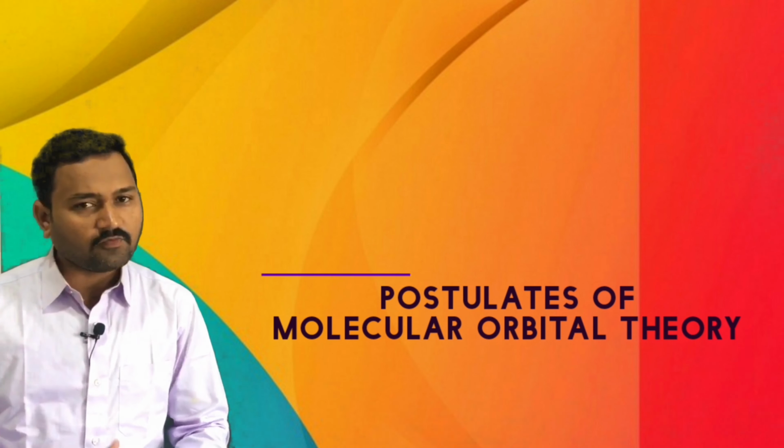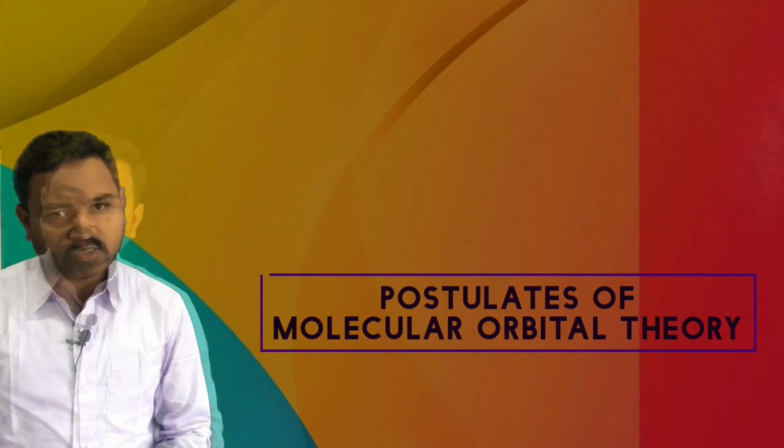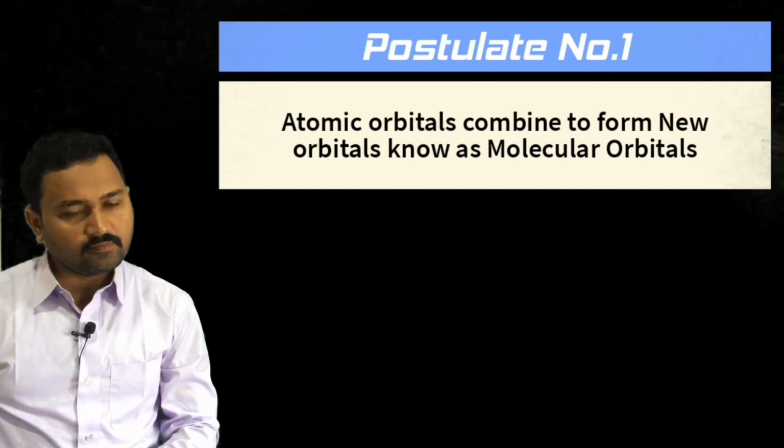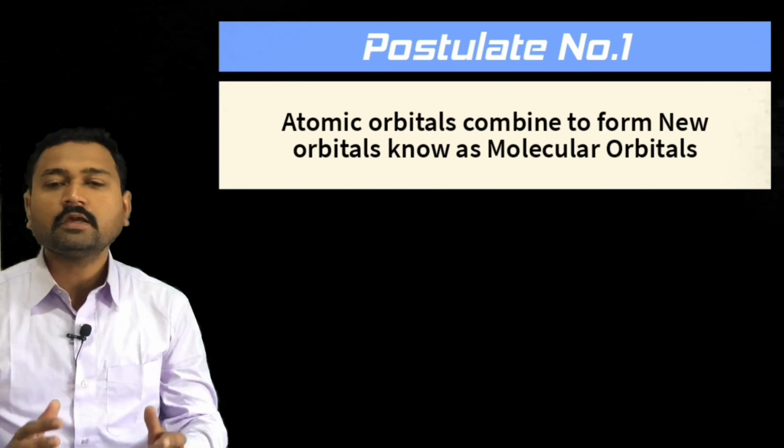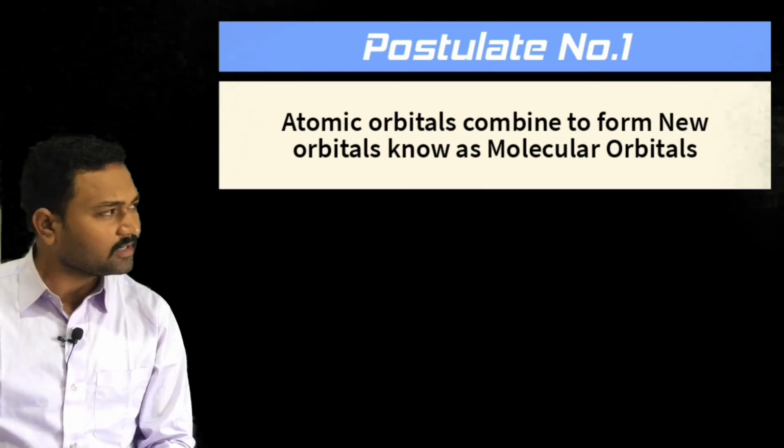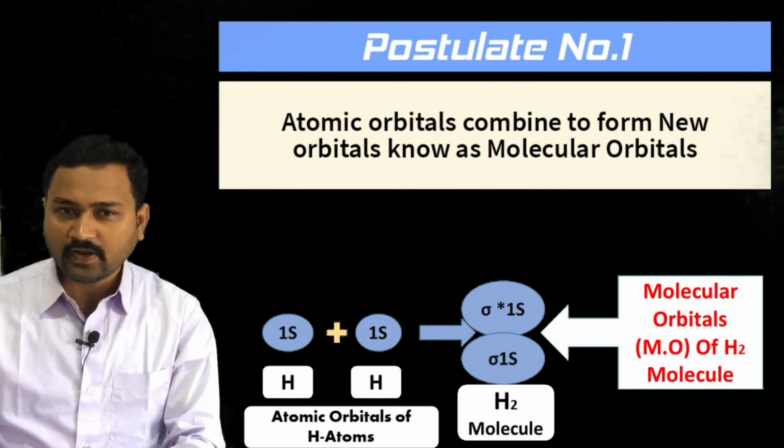Now, let us know the important points or postulates of molecular orbital theory. Let us start with the first postulate. Atomic orbitals combine to form new orbitals in a molecule, which are known as molecular orbitals. Here I have taken the example of the formation of the hydrogen molecule.